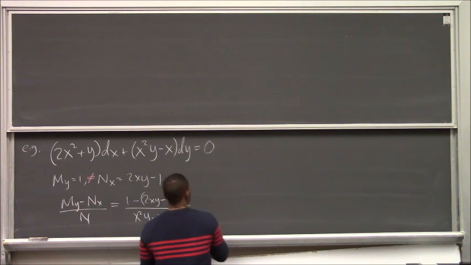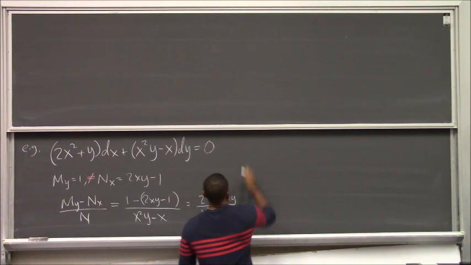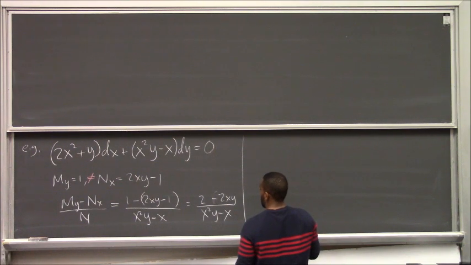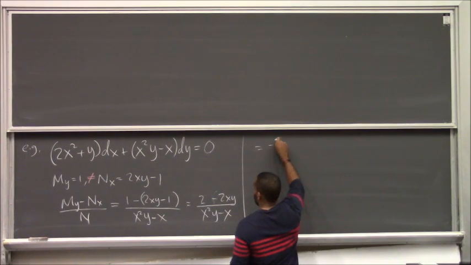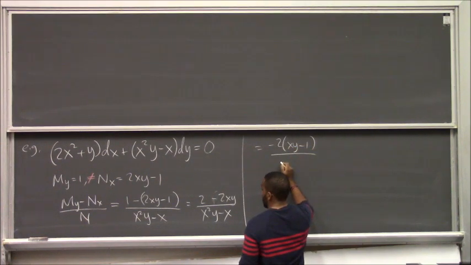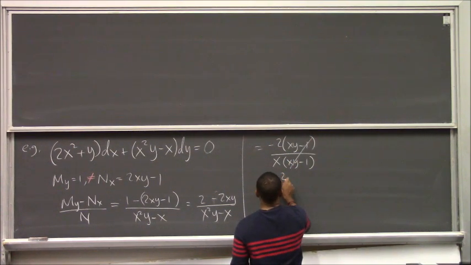Here you have 1 plus 1, so that's 2 minus 2xy. In the top you can factor out a minus 2 and get xy minus 1. If I factor out an x from the bottom, I get xy minus 1. So this cancels. This is purely a function of x.